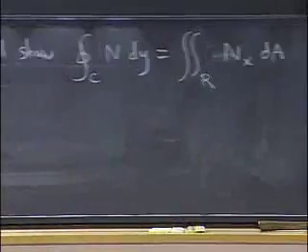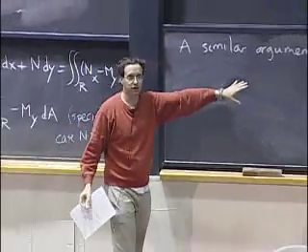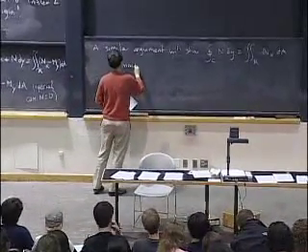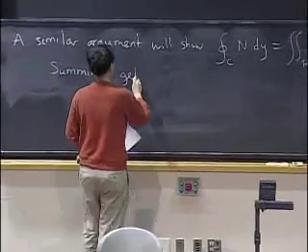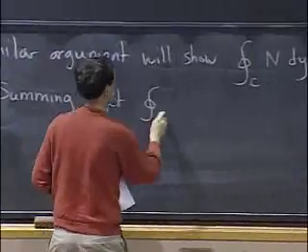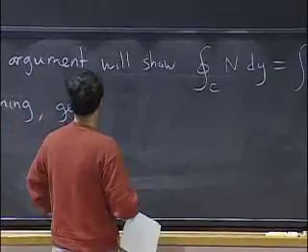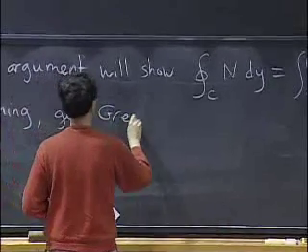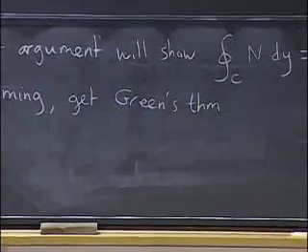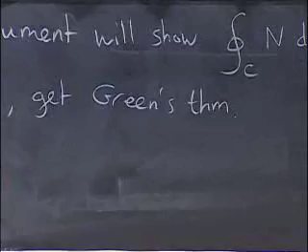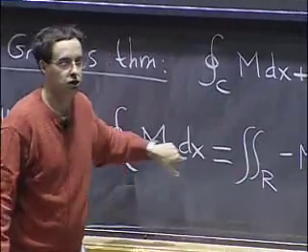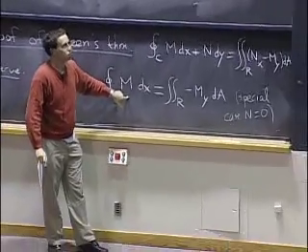And so now if I have proved these two formulas separately, then if you sum them together, we'll get the correct statement. Well, let me not write it. We get Green's theorem. Okay? So we've simplified our task a little bit. We'll just be trying to prove the case where there's only an x component. So let's do it.